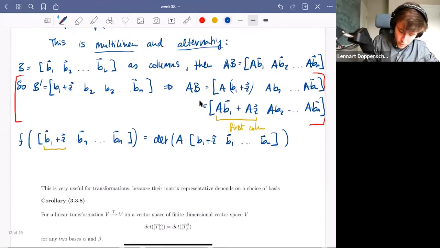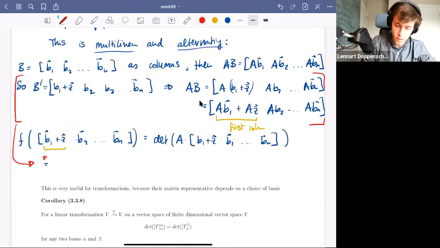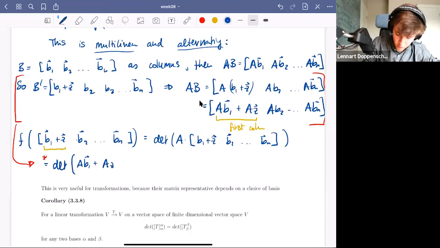So this next equality here is due to the box. This is what we use here. So this equality is due to that observation. Now we have the determinant of a matrix with AB1 plus AZ as the first column.